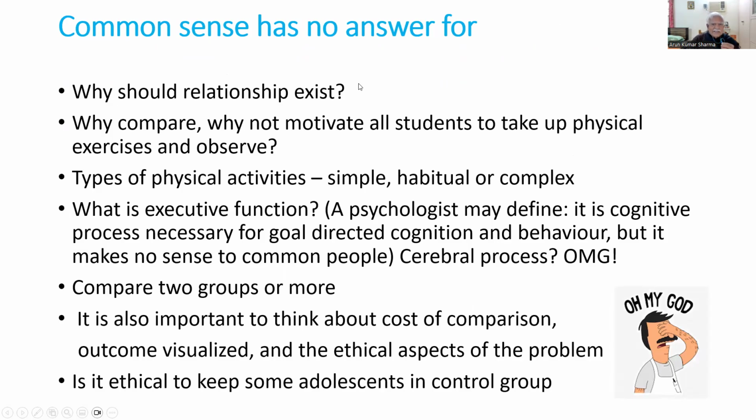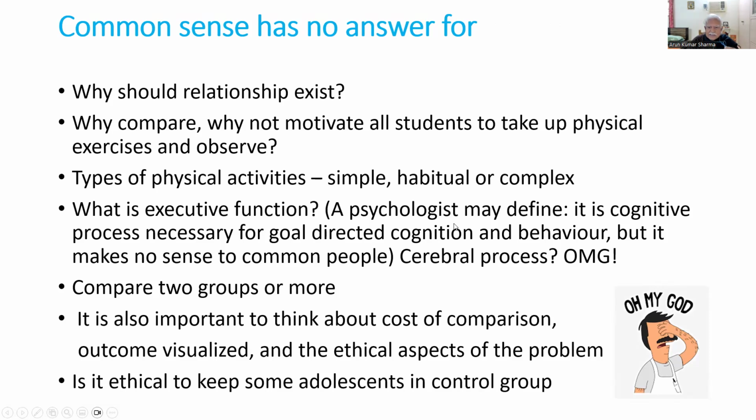These are questions for designing a study. Now, common sense has obviously no answer for why should relationship exist. You have to read literature. Why compare? Why not motivate all students to take up physical exercises and observe? Then what type of physical activity? Simple, habitual, or complex? And what is executive function?